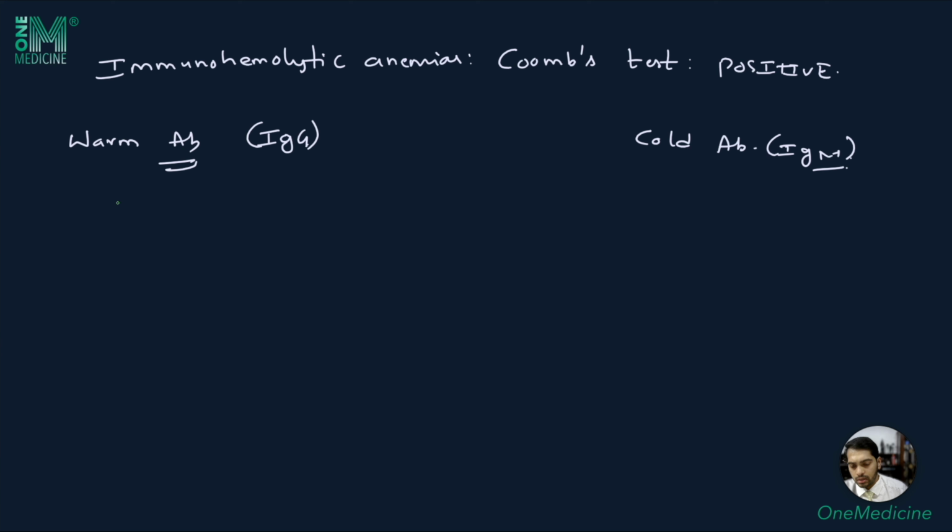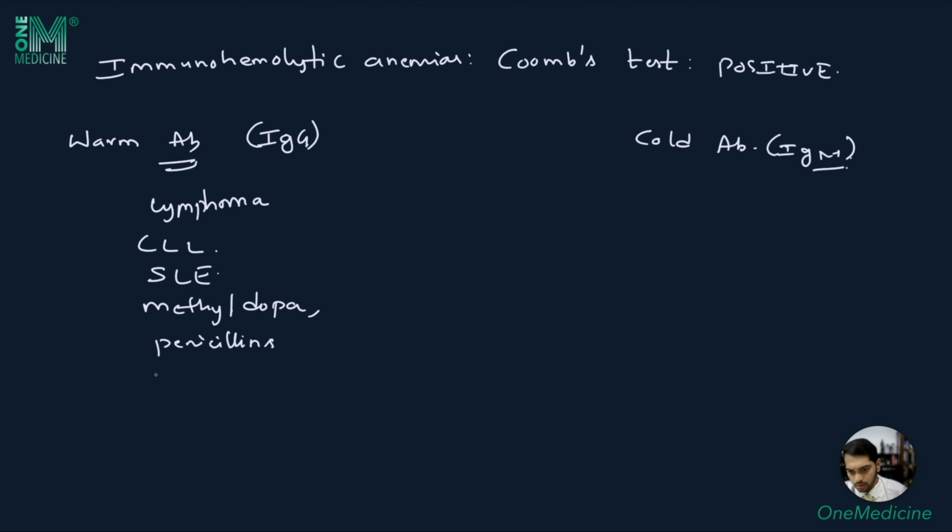Warm antibody hemolytic anemia can be associated with lymphoma, chronic lymphocytic leukemia, systemic lupus erythematosus, and drugs including methyldopa, penicillins, quinines, isoniazid, sulfonamides. Whereas cold antibody hemolytic anemia can be seen in mycoplasma infection.